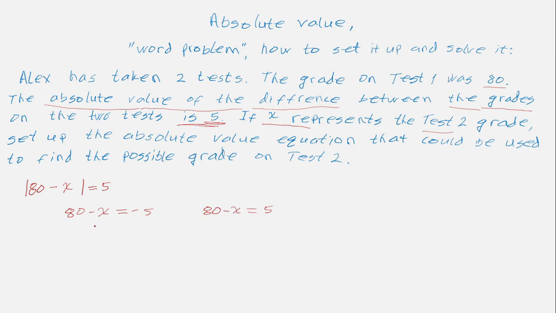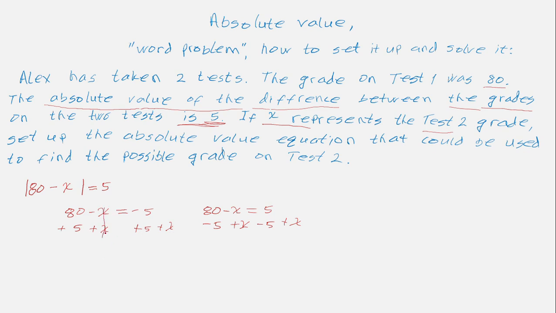What we need to do now is, I want to move the x to the other side so it's positive. So what I'm going to do is add x here, also add x, and then since 5 is on this side, I want to move 5 to the other side. So plus 5, and here minus 5, minus 5.